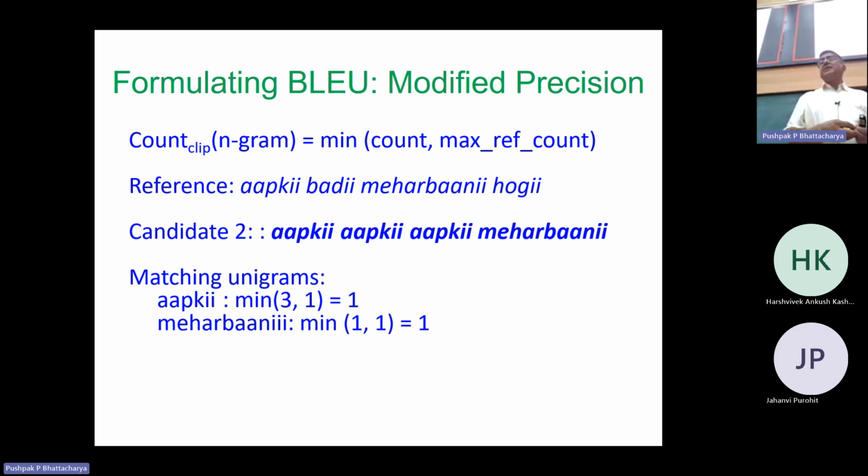There are 3 matches for आपकी. Whereas in the reference, the word आपकी appears only once. So the clipped count will be minimum of 3, 1, which is 1. And मेहरबानी is again 1, 1, which is 1. And that gets corrected.